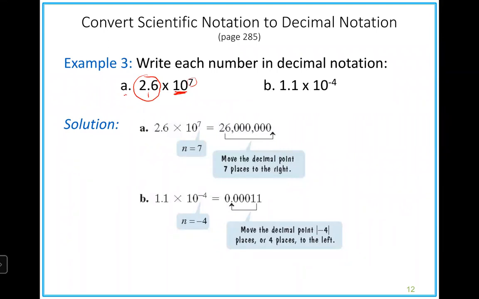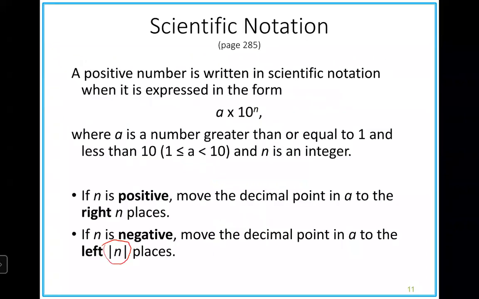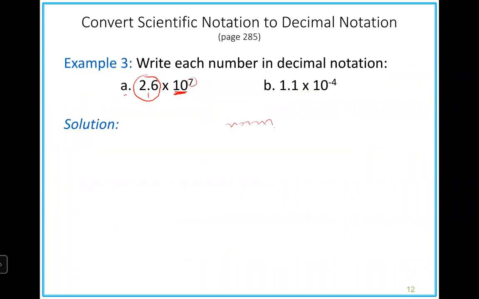Okay, so in this case then, the point was between the 2 and the 6. So if you move it 7 places, it's going to go 1, 2, 3, 4, 5, 6, 7. So you end up with 26 million. Now, when the exponent is negative, what they're saying is that you're going to move to the left the absolute value of n.